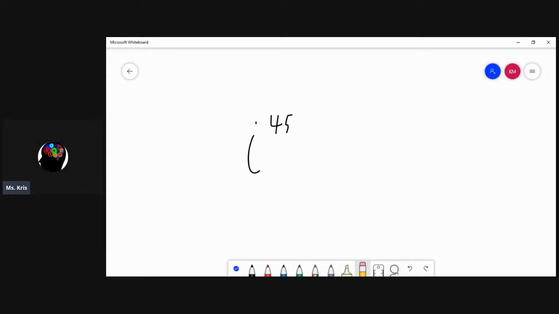Could I do that? Let's see. Can I get away with that? i to the third raised to the 15th.